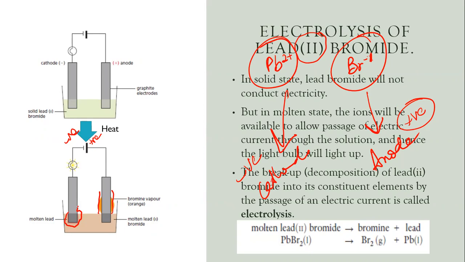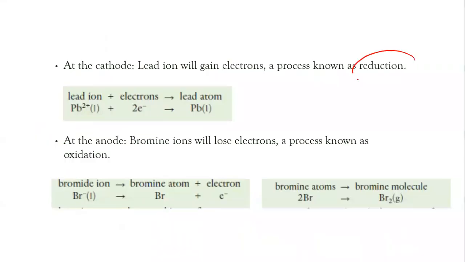So what happens is a process that we know as reduction. What is reduction? Reduction is basically where the ion gains electrons. Okay, let me explain this. When we are talking about any positive ion, the reason that ion is positive is because it has fewer electrons. For example, let's take sodium.